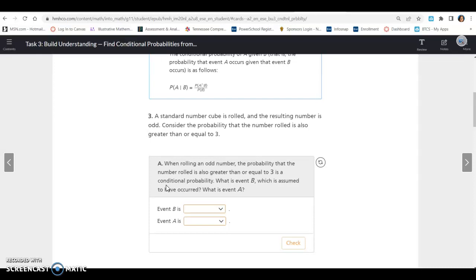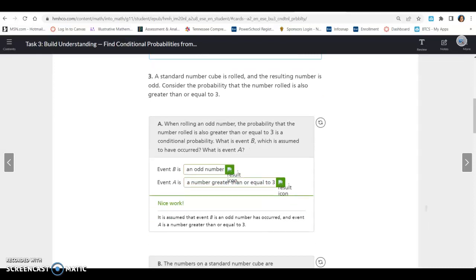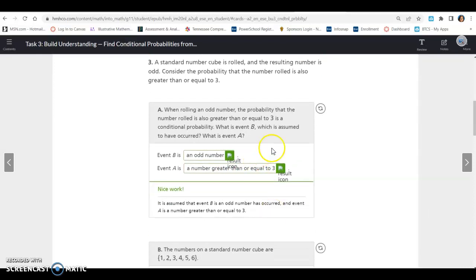What is event A? Event B would be that it's an odd number, and event A would be that it's greater than or equal to 3. That comes from the given information here.